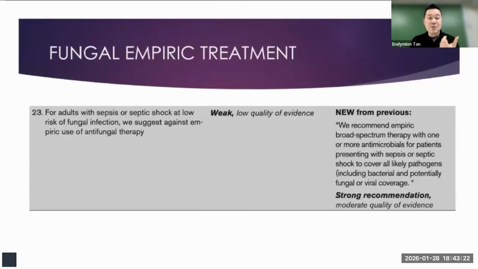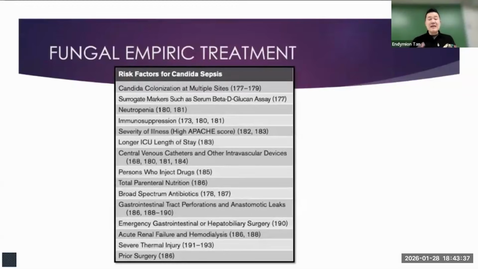If the patient has the risk for fungal infection, based on the new guideline, you give. But if this patient has very low risk of having fungal infections, then you can opt not to give your empiric antifungal treatment. So these would tell you some of the risk factors for Candida, which is one of the most common fungal pathogens among your patients.